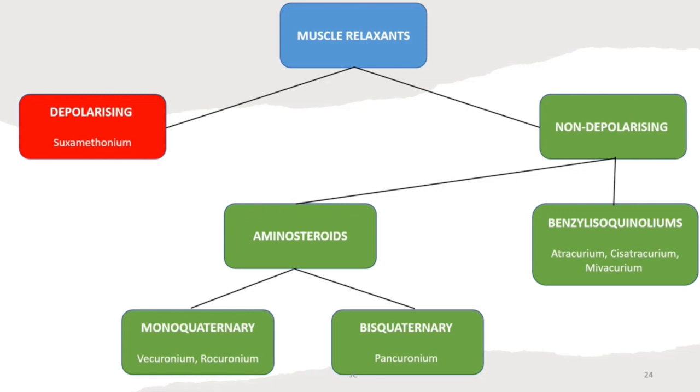So with SUX, it will actually depolarize or activate, causing the initial fasciculations followed by the flaccid paralysis, whereas you won't get that with the non-depolarizing because it has no intrinsic activity. And then the non-depolarizing are further characterized into AMINOSTEROIDs and BENZYLISOQUINOLINIUMS, which I'll talk about later.